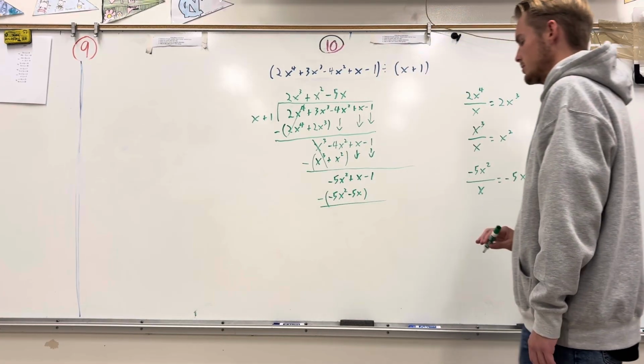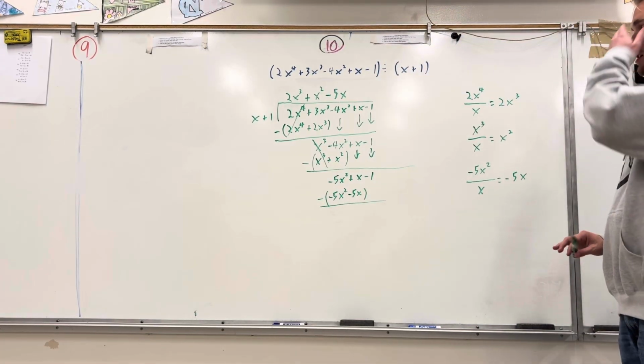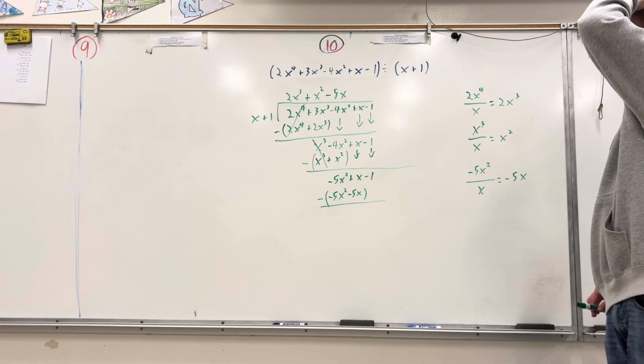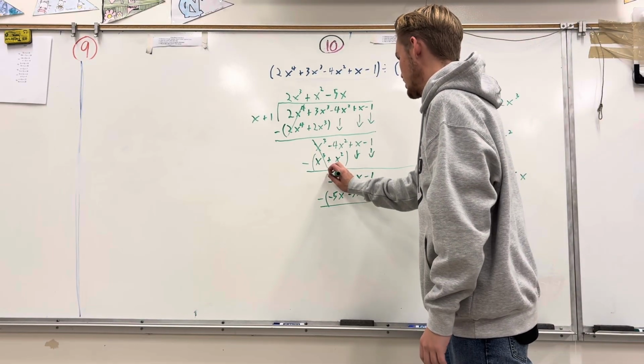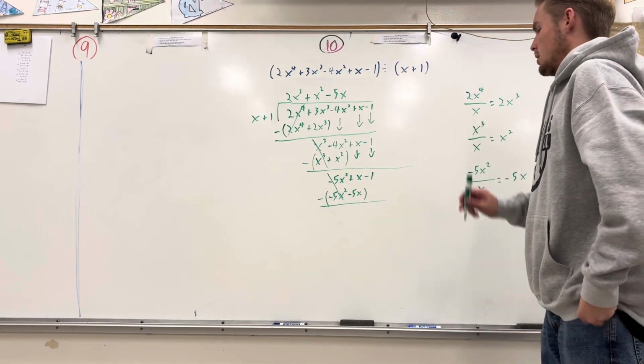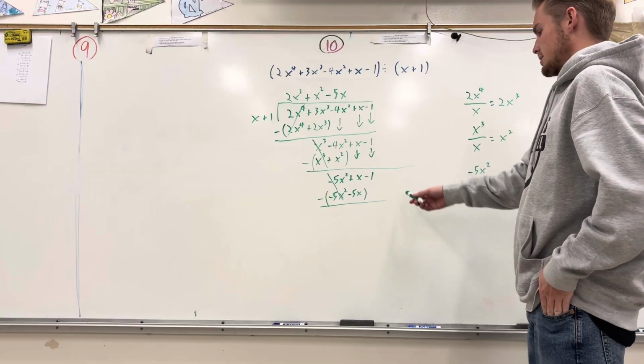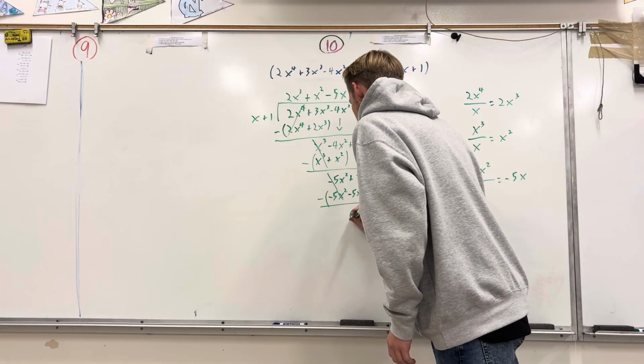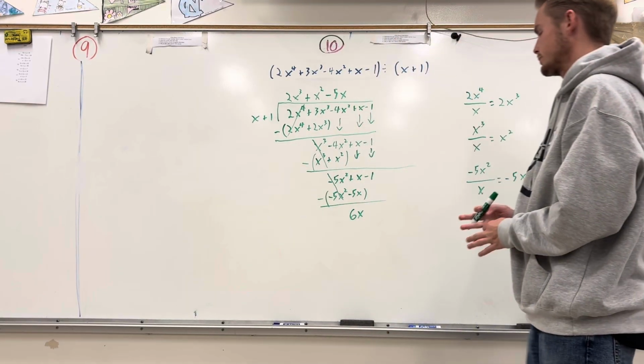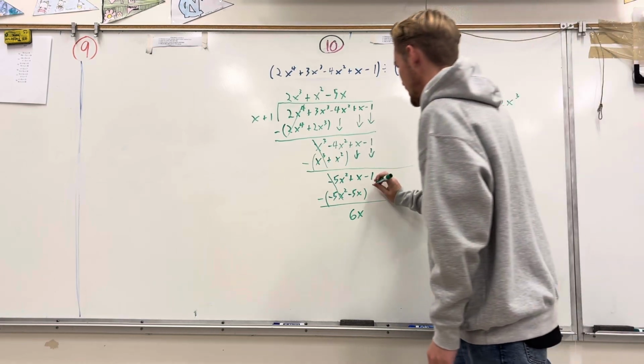We subtract these once again, and we get that these cancel out. X minus negative 5x, that's just 6x. And then our minus 1 drops down.